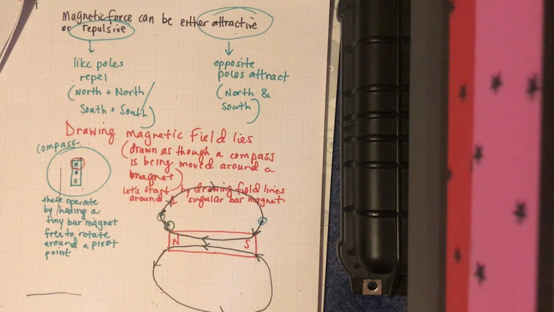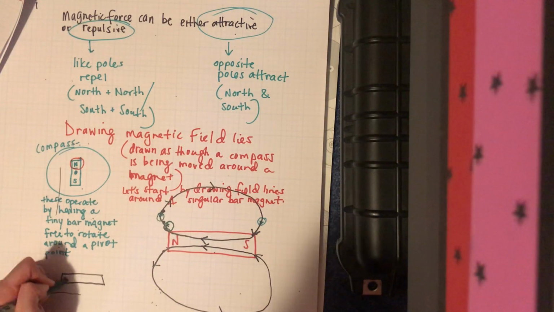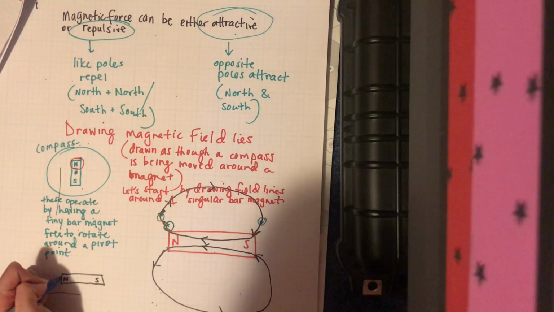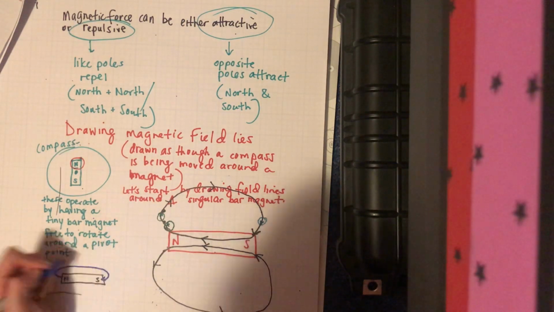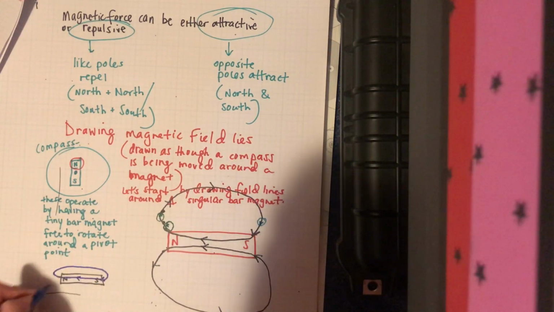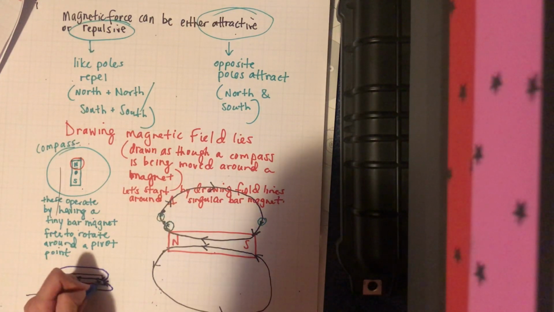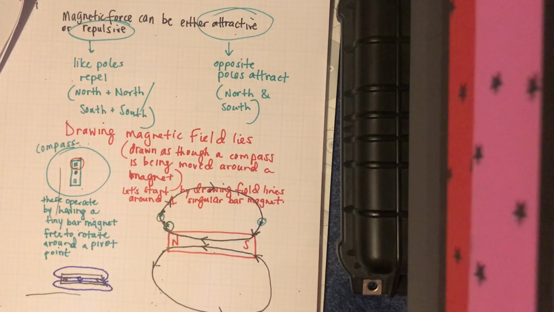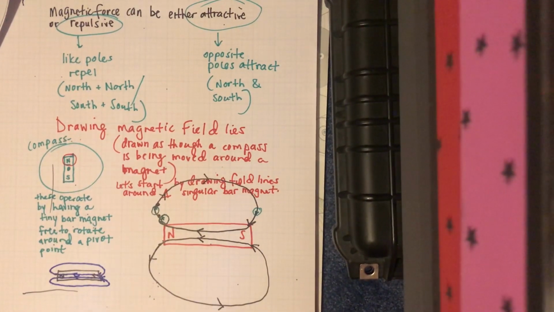Sometimes people will draw these like this. So it could go north to south, and then inside south to north, north to south, and inside south to north. Okay, so that's another way; they don't have to bubble out as much as this one did.